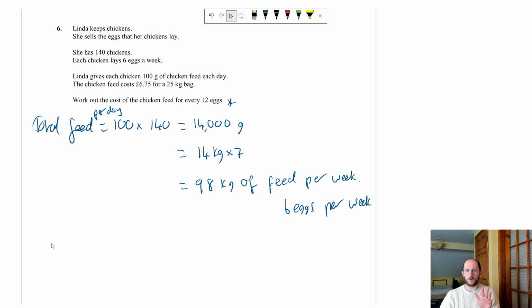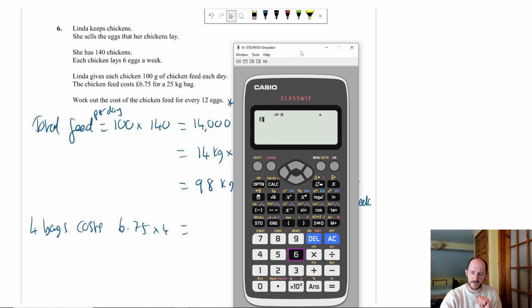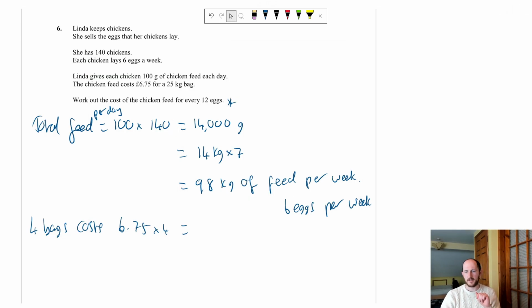So 4 bags costs 6.75 times 4, which is £27, right? God, you know, I'm too paranoid. I'm pretty sure it is. It is £27. Dang it. So it costs her £27 per week.